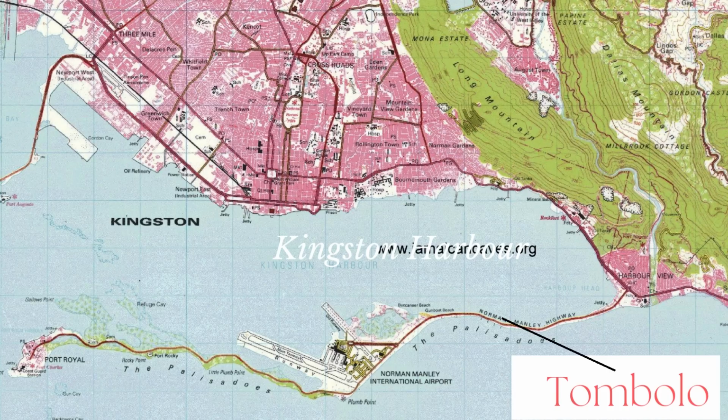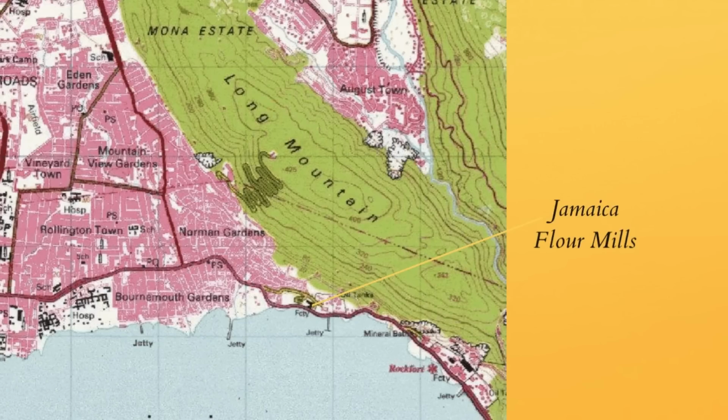Now, between the tombolo and the coast, we see an area of deep water. This is the Kingston Harbor, and many industries are located along the coast and benefit from the Kingston Harbor, especially for trading purposes.